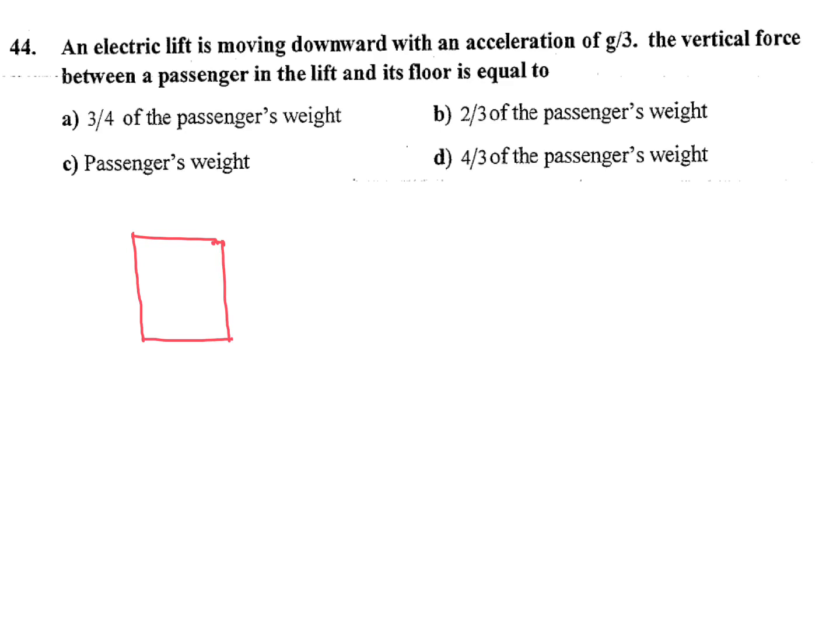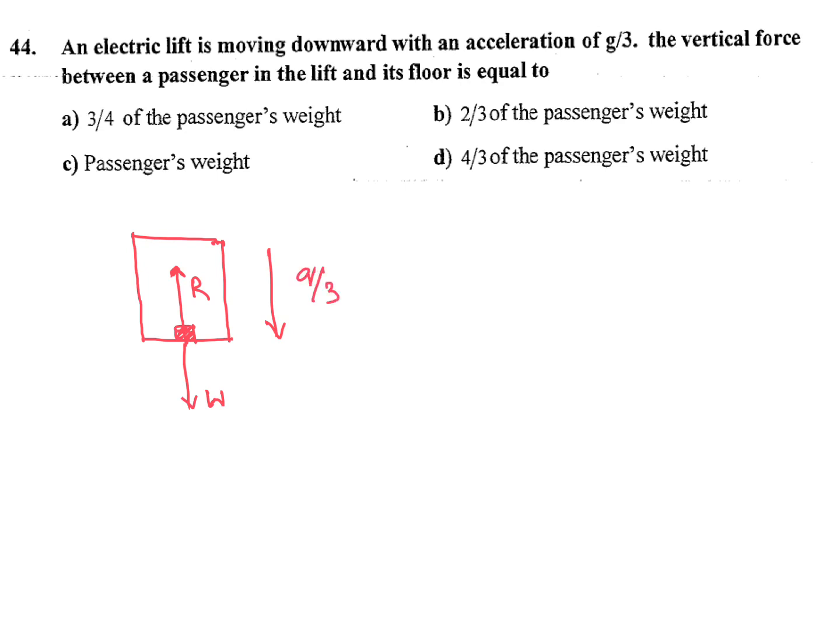This is the vertical force R from the floor on the passenger, and this is W, moving downward with acceleration g by 3.